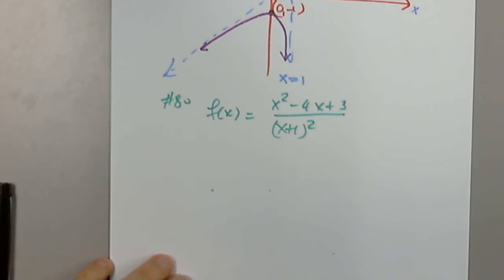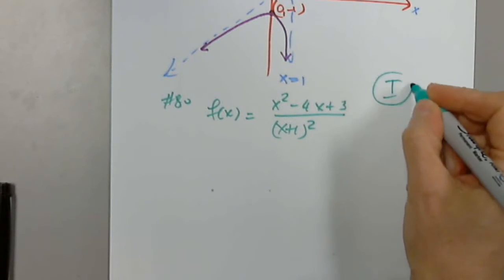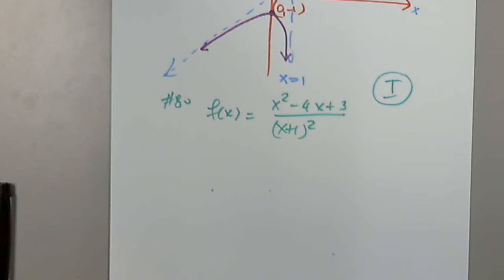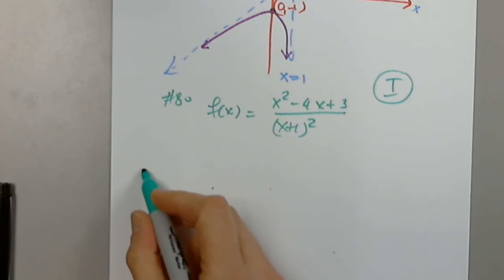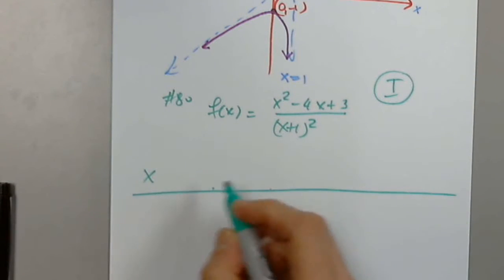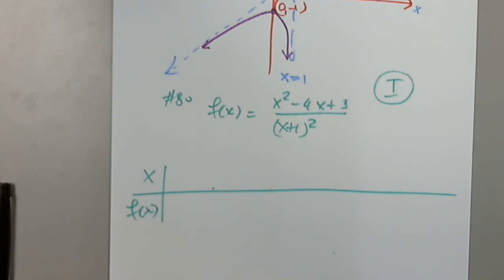What type? Type 2. Nope. What is the degree of the top? Same degree, so type 1. Exactly. It is type 1. The degree of the top is, and the degree of the bottom is? Exactly. Very good. What is my next step? Make a chart.